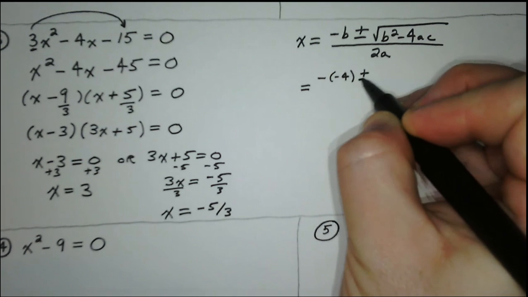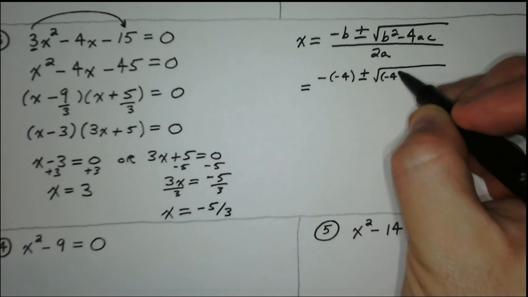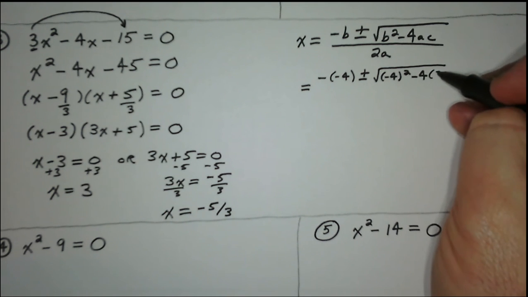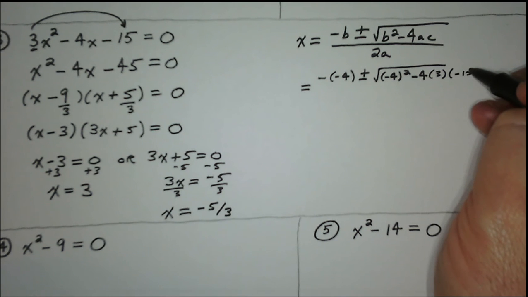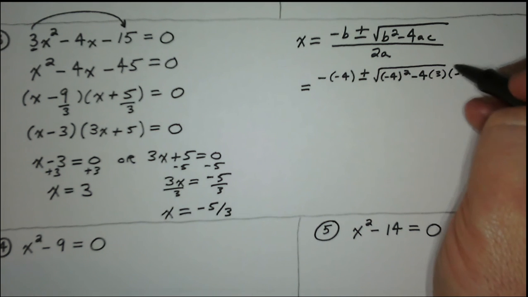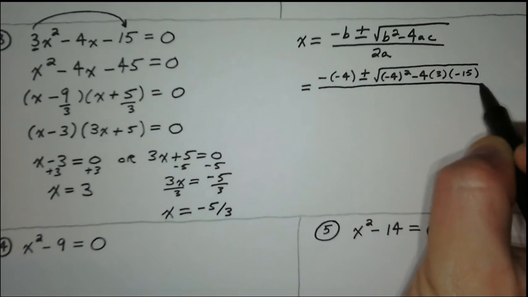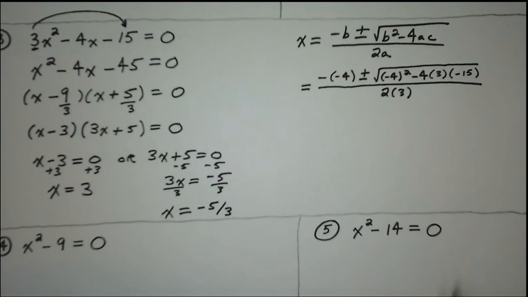-4 plus or minus, and then we're squaring a -4, minus 4 times 3 times -15. This is insane, man. I know. Hey, it's insane. All over 2 times 3. Whoa!